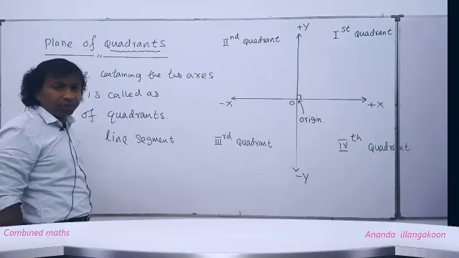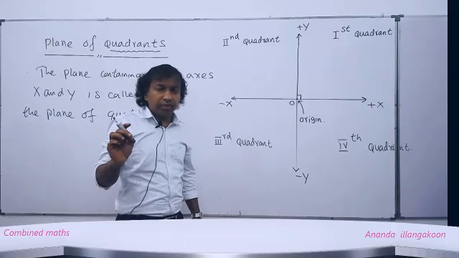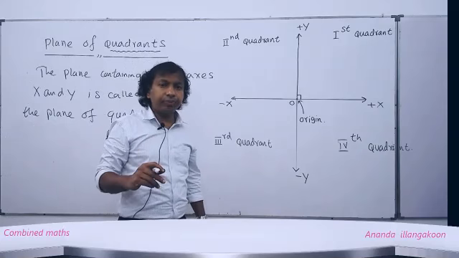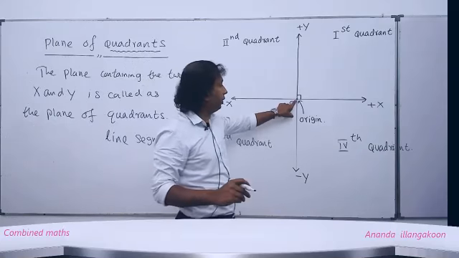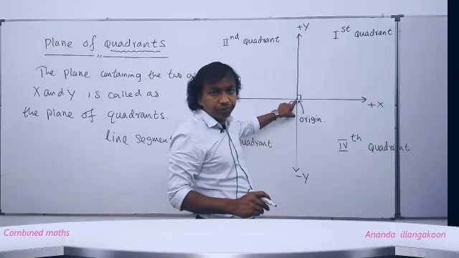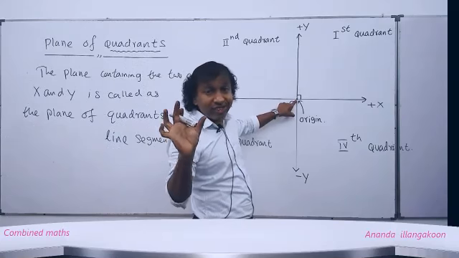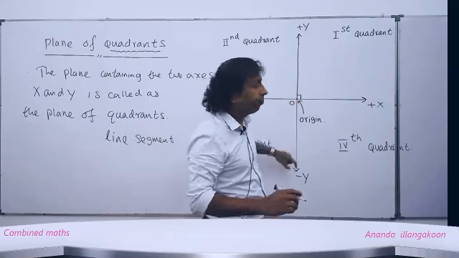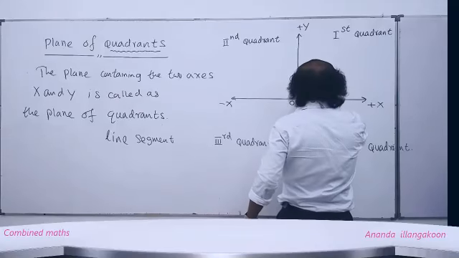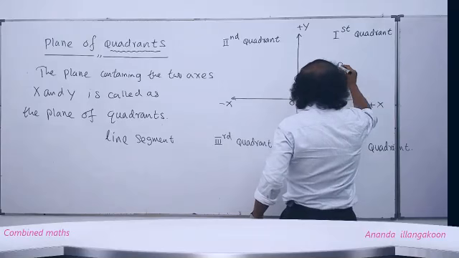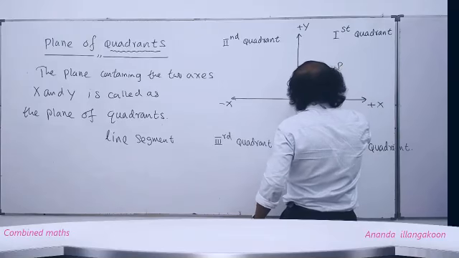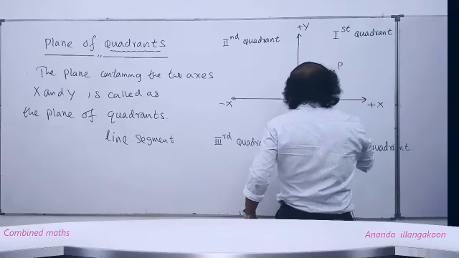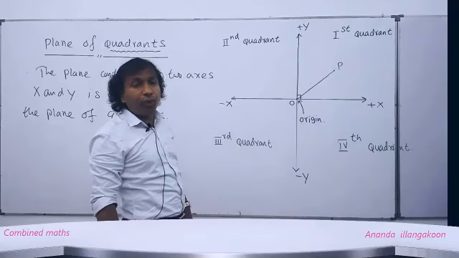A line segment that can rotate about this origin O. That line segment has a fixed length. I am going to take that line segment as OP, this way. This OP line segment can freely rotate about the point O.